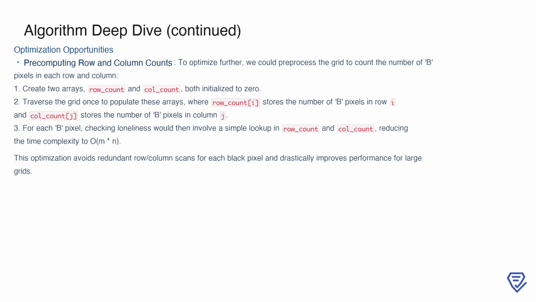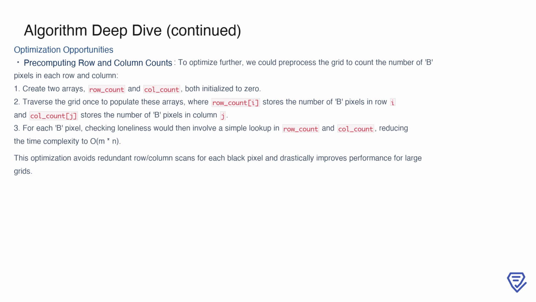To do this, we create two arrays, row_count and col_count. These arrays are initialized to 0 and will store the count of black pixels for each row and column, respectively. As we traverse the grid, we populate these arrays by incrementing row_count[i] for every black pixel in row i and col_count[j] for every black pixel in column j.